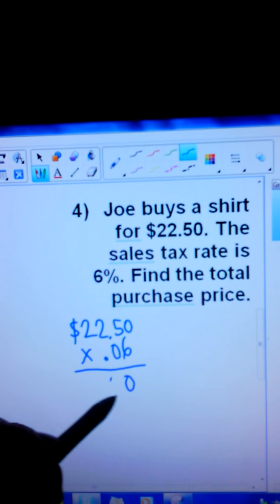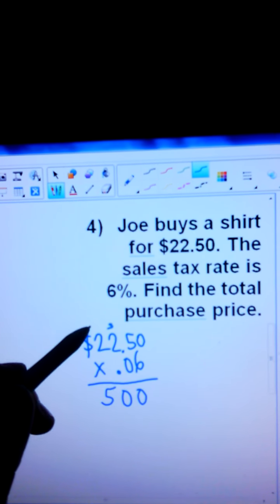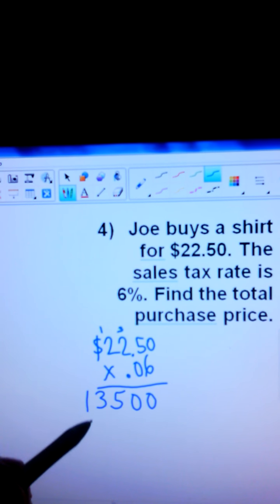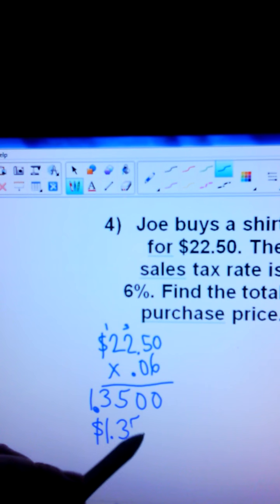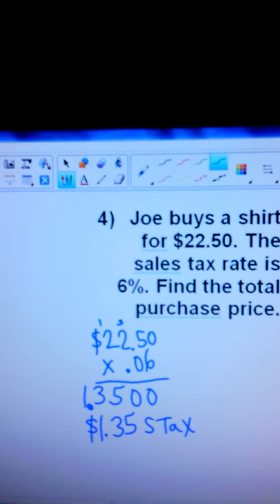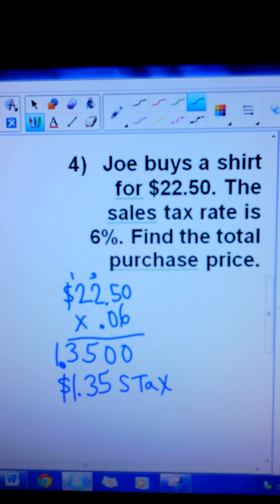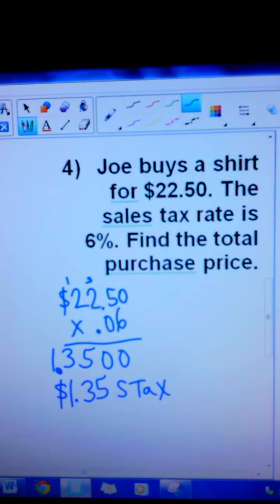Okay, so we'll multiply carefully. The amount of sales tax came up to $1.35.